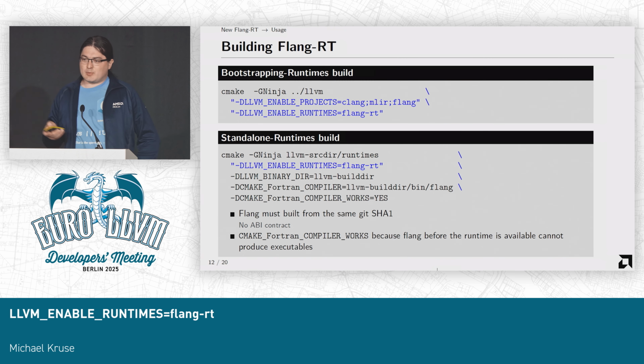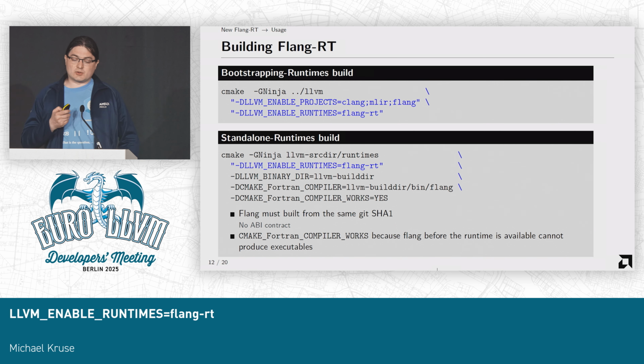So what are the changes? As you may expect, it just uses the existing system for LLVM enable runtimes. Just add enable runtimes flang-rt. That's one way to build it, in which case it uses Clang, just built Clang, to compile the runtime.